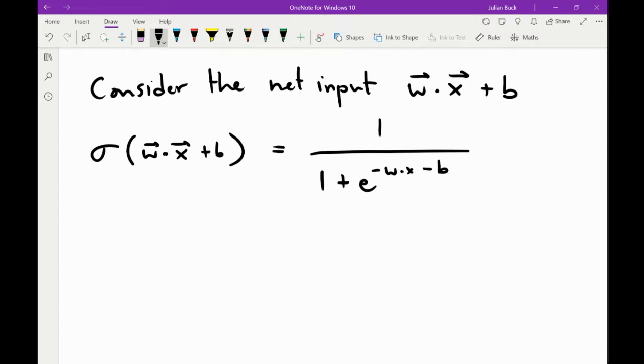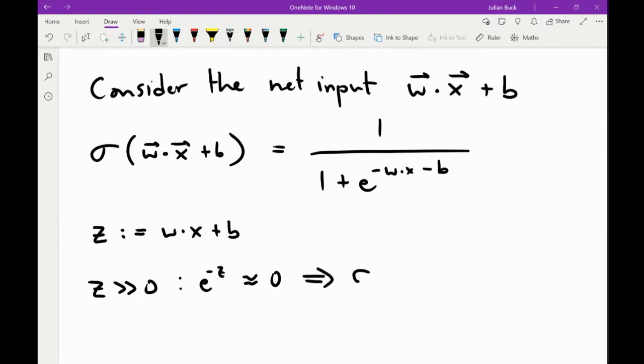Let's give that a name, just to make the notation a little easier. Let's say that Z is W dot X plus B. Some of the observations we've already made: if Z is very large, much bigger than 0, then e to the negative Z is close to 0. That tells us that sigma of Z is close to 1.